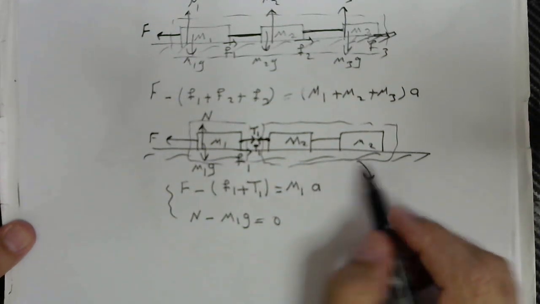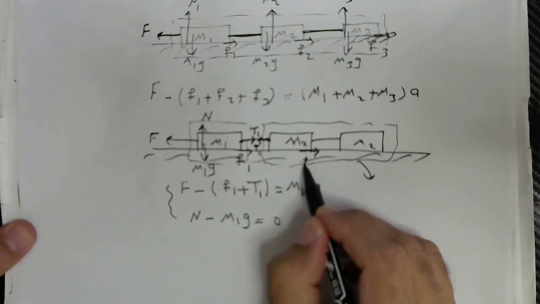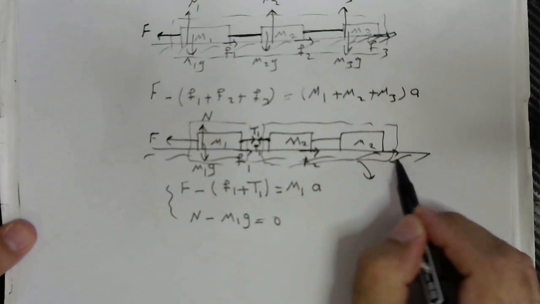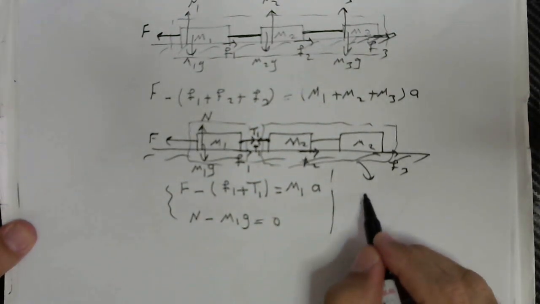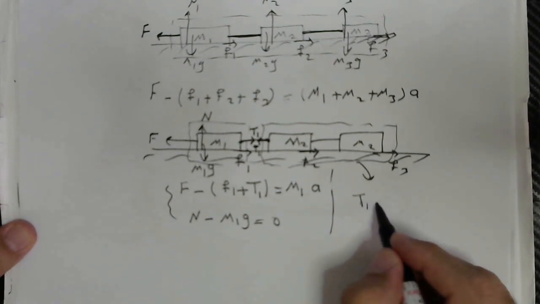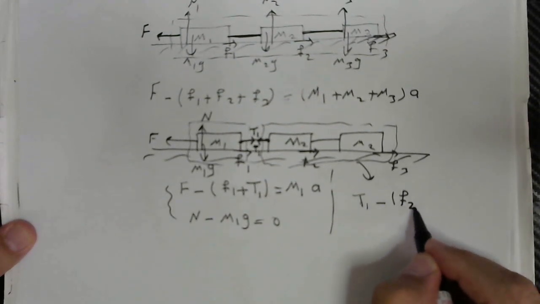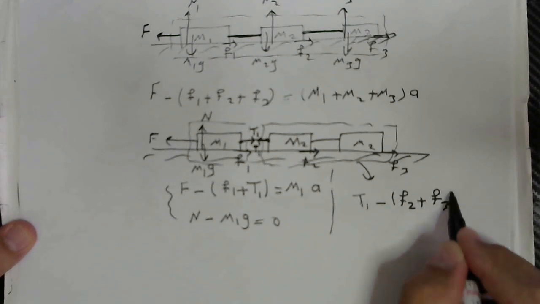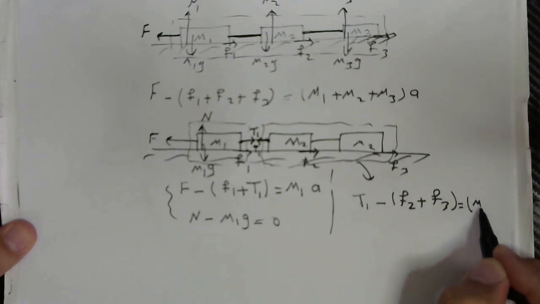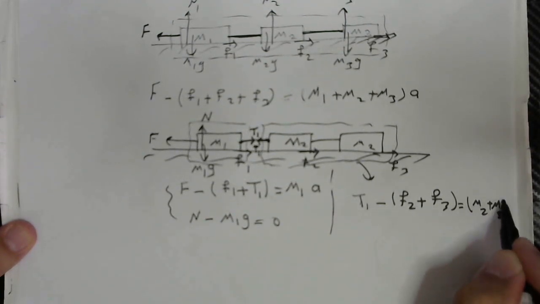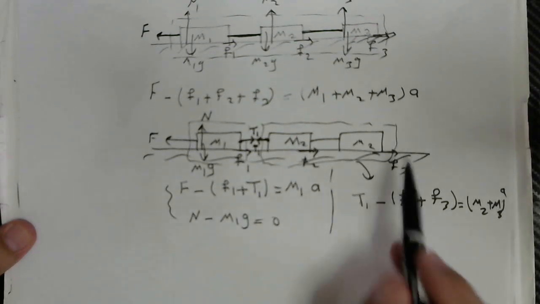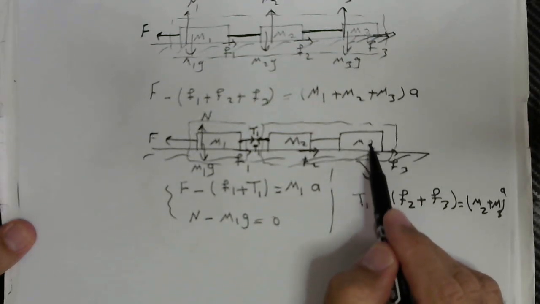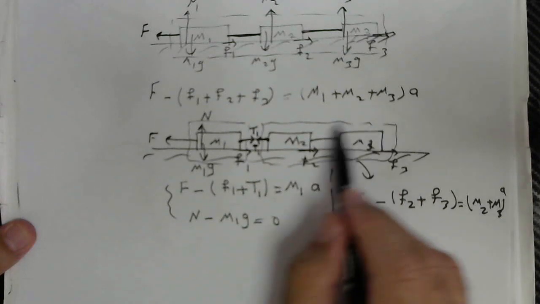So in that case, you have F2, you have F3. So in this case, T1 minus F2 plus F3 is (M2 plus M3) times A. And then you can also change this, consider the last object as your system.